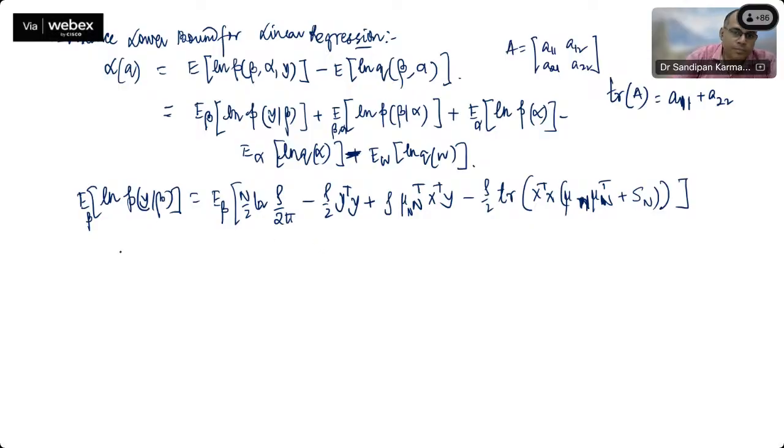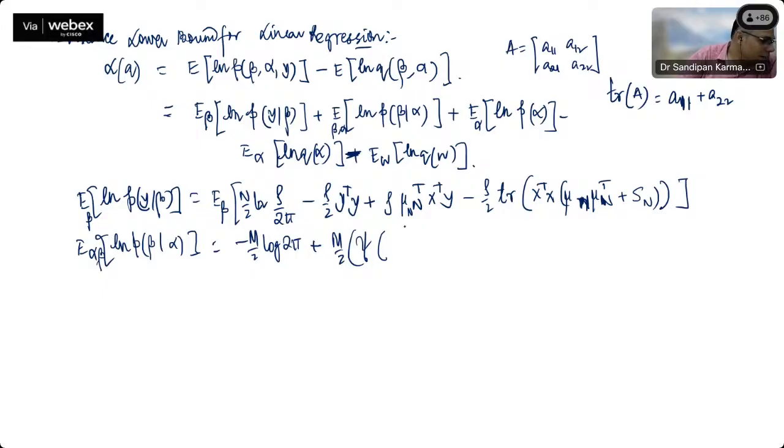Then E of alpha and beta ln P beta given alpha. This is coming as minus m by 2 log 2 pi plus m by 2, and now this psi operator is coming, which is called the digamma function, psi an minus ln bn.